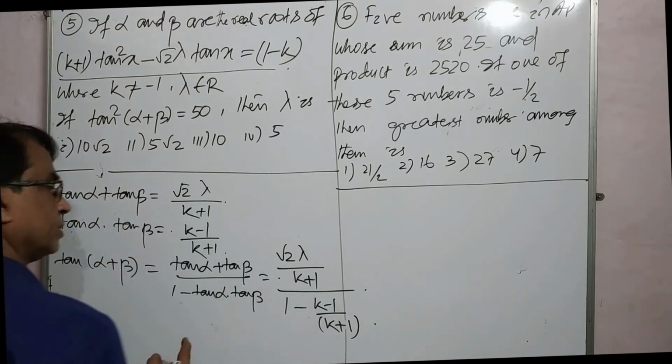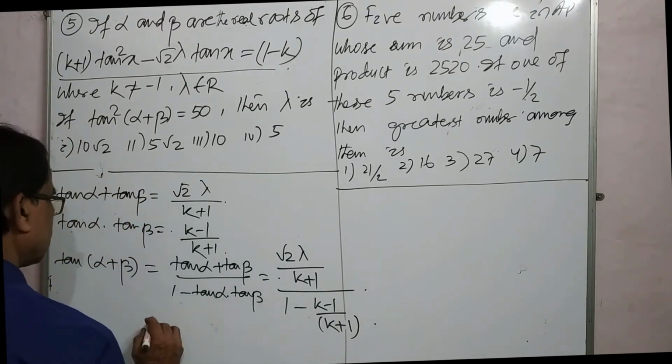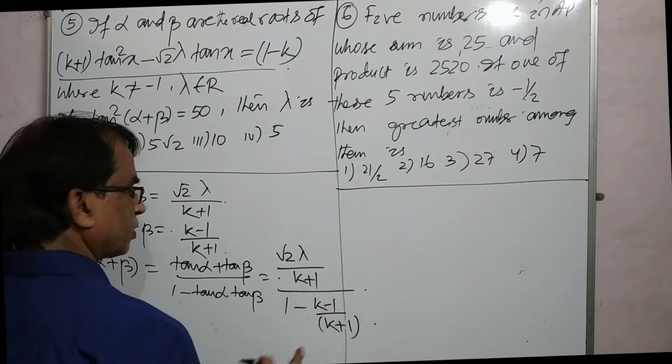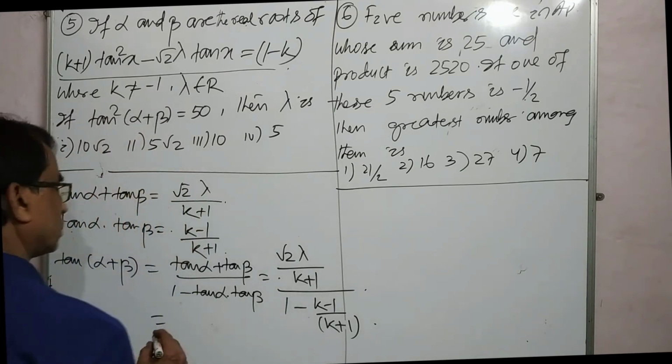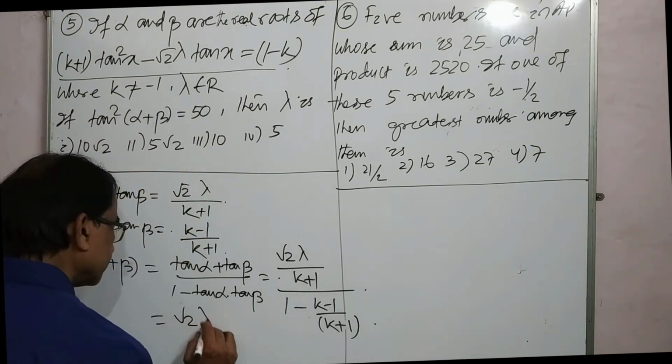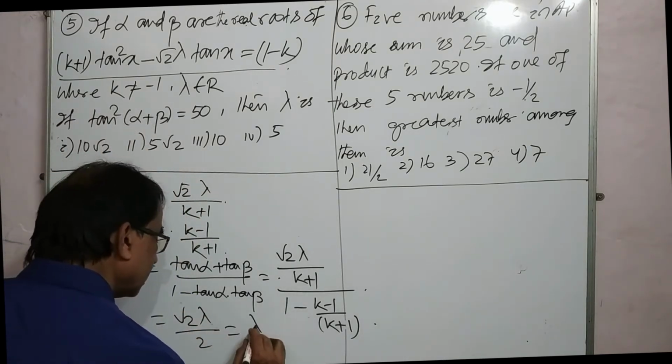The k plus 1 cancels, then k plus 1 minus k, that is root 2 lambda by 2, that is lambda by root 2.